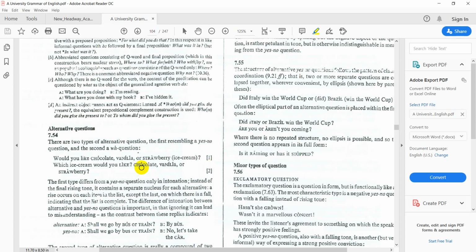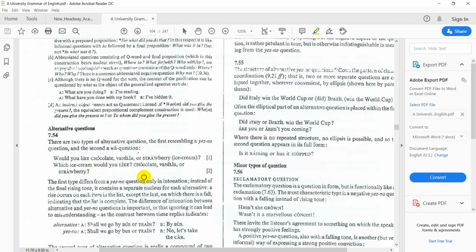The other type is by using WH word or WH element, in which I pull the last word, ice cream, and I ask, which ice cream would you like? Here you have to lower down your tone.